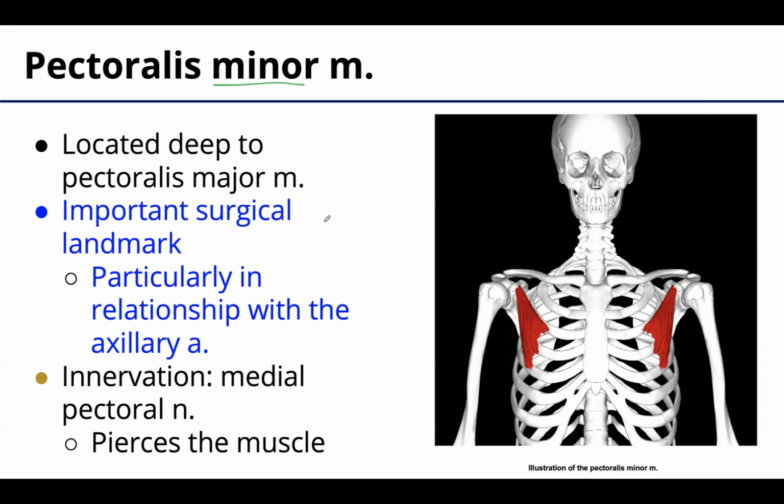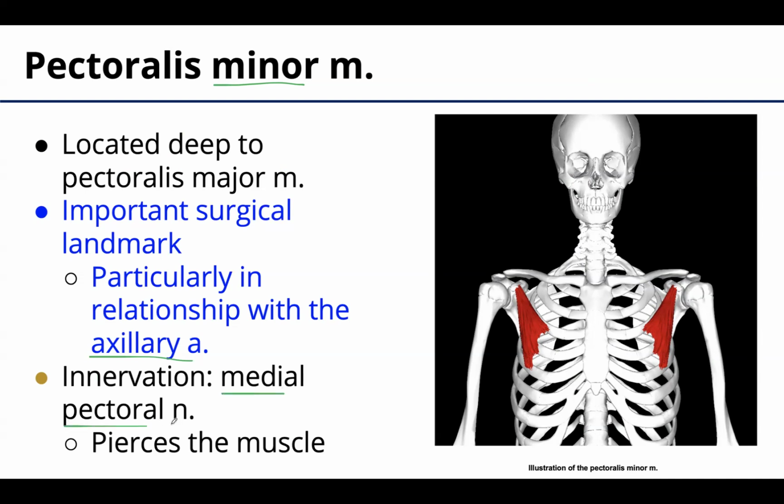This muscle is an important surgical landmark, particularly in surgeries associated with the axilla. It has a very close relationship to the axillary artery, which supplies blood to the structures in the shoulder and axillary region.